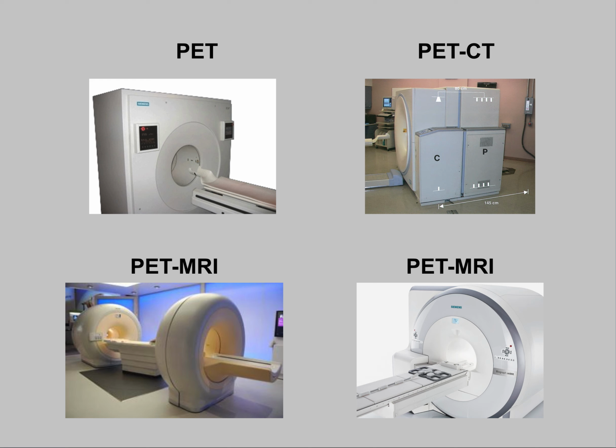More recent advances included PET MRI machines. One from Philips just put an MRI gantry and a PET gantry in the same room with a table in between, and subsequently Siemens developed a machine that simultaneously acquired both PET images and MRI images.